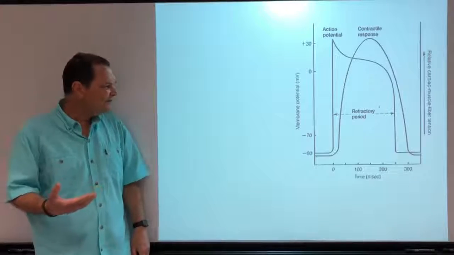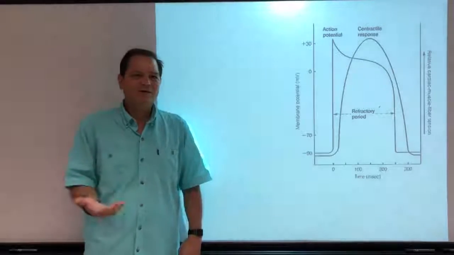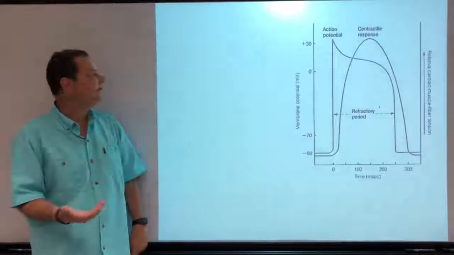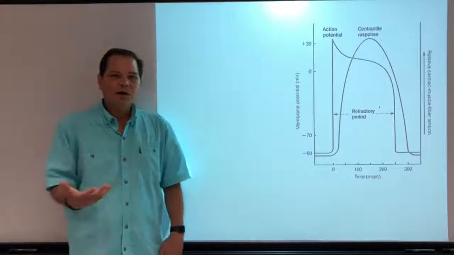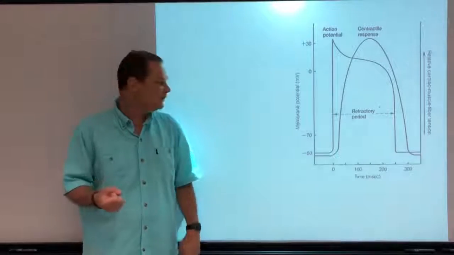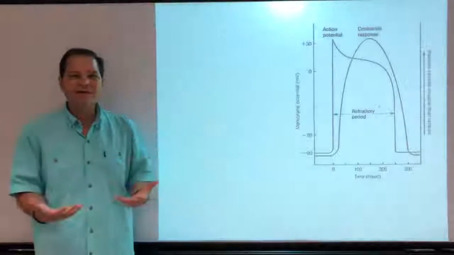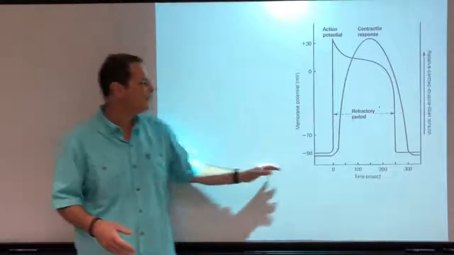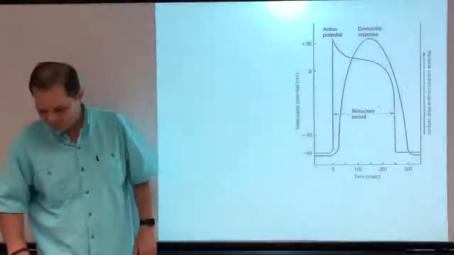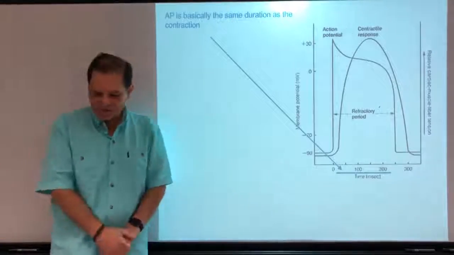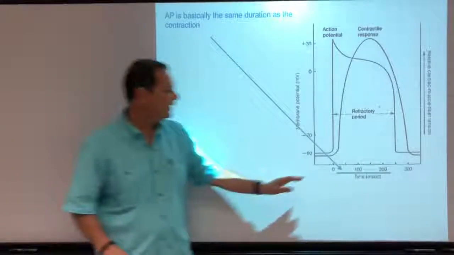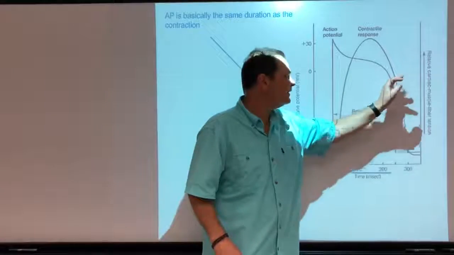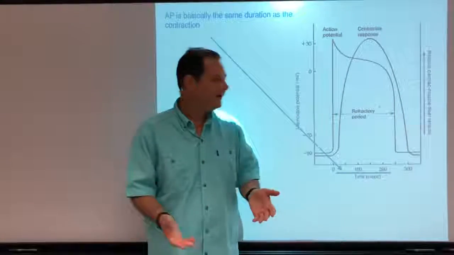So I said that we're talking about a systolic murmur. Ventricular systole is when your ventricular muscle is contracting, and of course that process of getting that muscle to contract starts with the propagation of the action potential. So here's our action potential, and again, you will notice that this action potential is prolonged, okay?